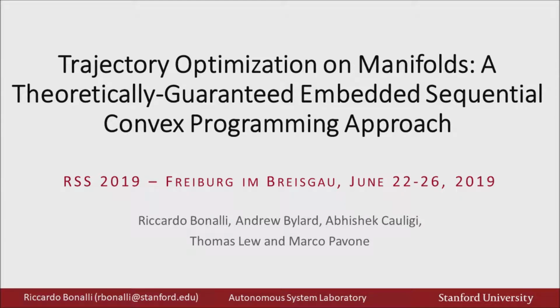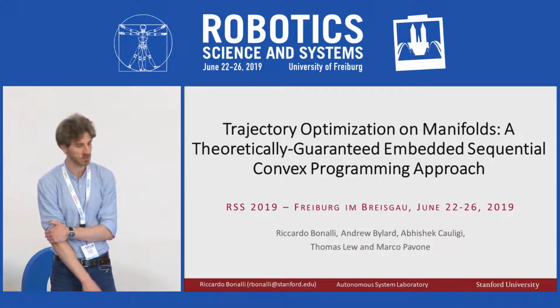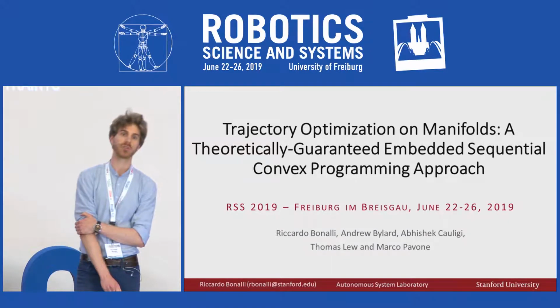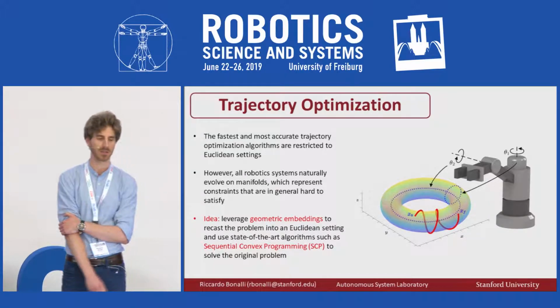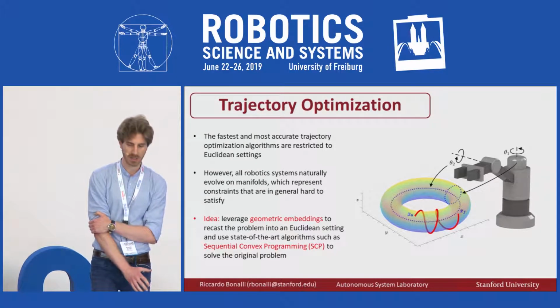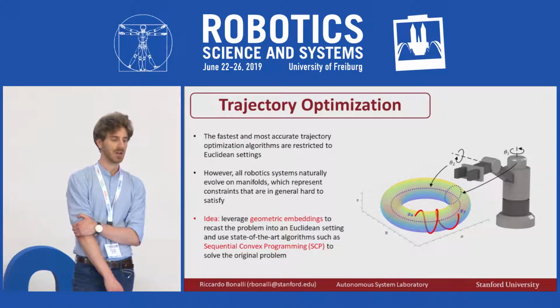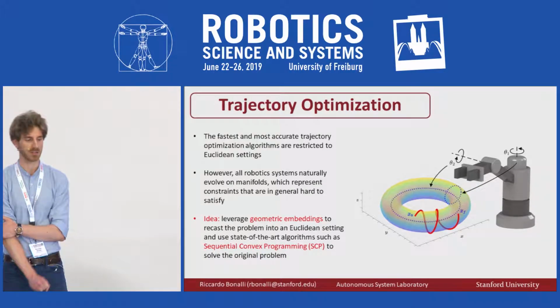So, good afternoon. In this paper, we provide a fast algorithm for solving trajectory optimization problems in the presence of manifold type constraints. The key tool that we leverage is the notion of geometric embedding. Recently, many trajectory optimization algorithms have been designed, but they have been tailored to work for the Euclidean setting.